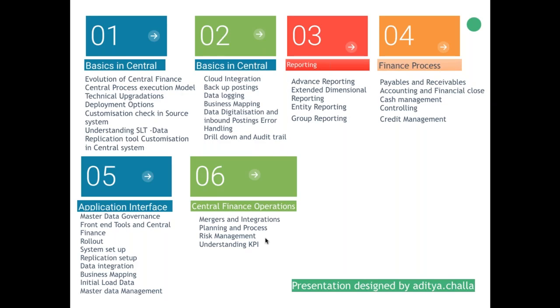So existing R3, system landscape replication tool, master data governance, and also we require SAP HANA system along with NetWeaver and Fiori. That means all these things need to be installed on one system. If it is like this, then the SLT and master data governance are additional topics here.